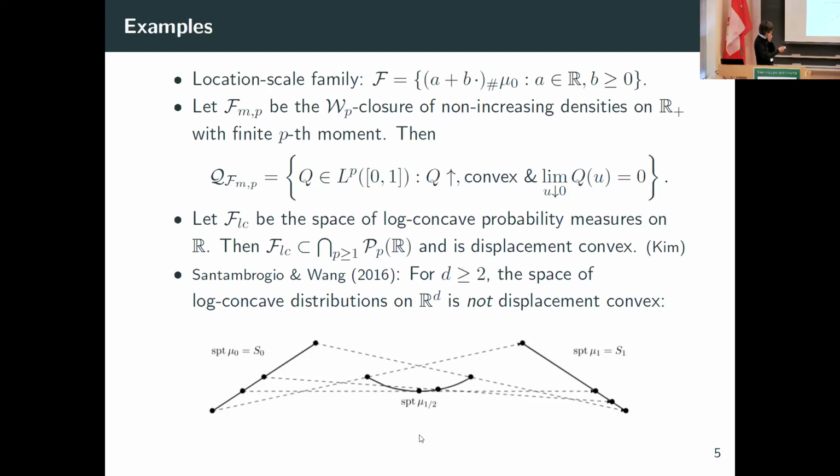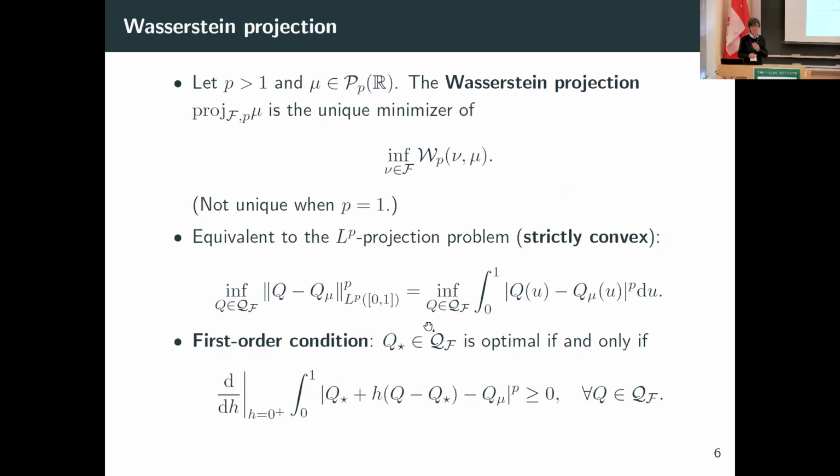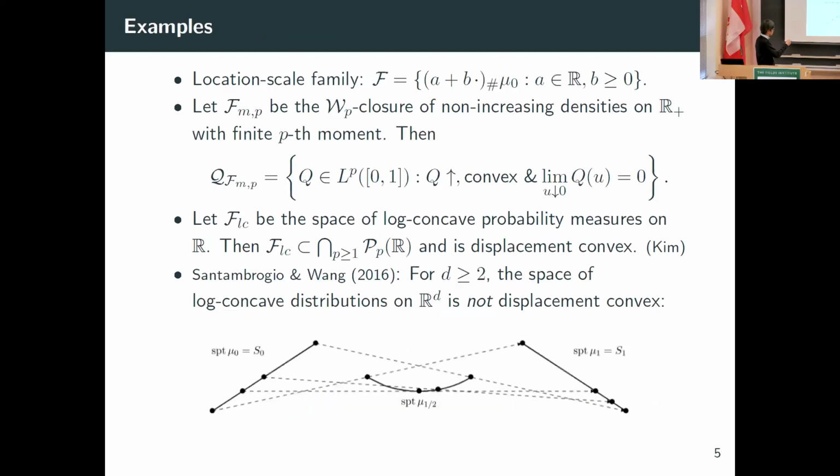In this paper, they mentioned in the footnote that Yang-Hin Kim did the one-dimensional case. But, sorry, as an exercise, I also did it myself. Basically, the constraint is that either the quantile function is constant or it is strictly increasing and such that 1 over the derivative of the quantile function is concave.